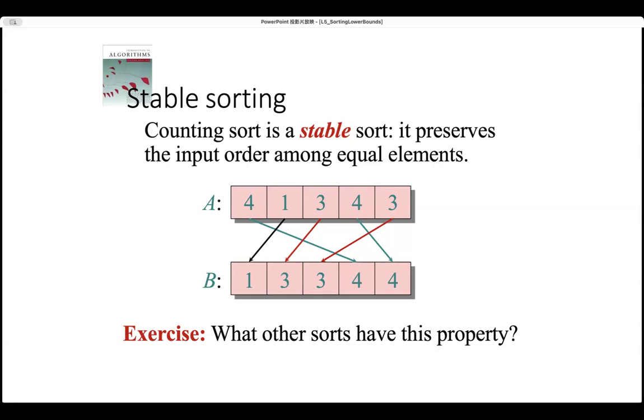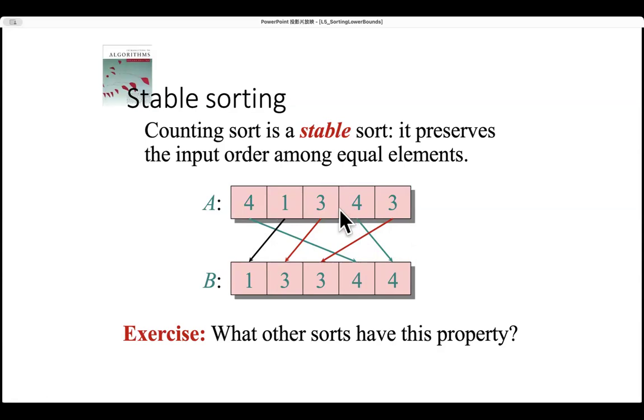For example, let's look at the example that we just went through: 4 1 3 4 3. And this B represents the result after the counting sort.